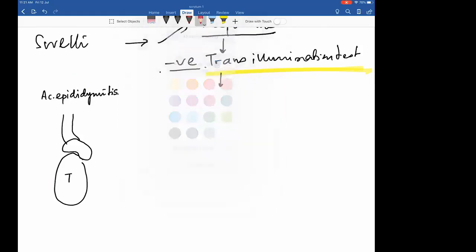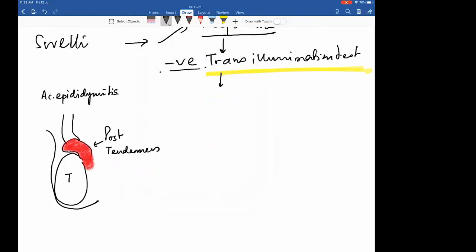Not a common one, but with a urinary tract infection with a retrograde flow, you get an epididymitis, which means there is a tenderness usually located in the upper pole of the testes. Number two, if you see the scrotum, particularly on the posterior aspect of the testes, there is a tenderness, but this tenderness is usually mild to moderate.